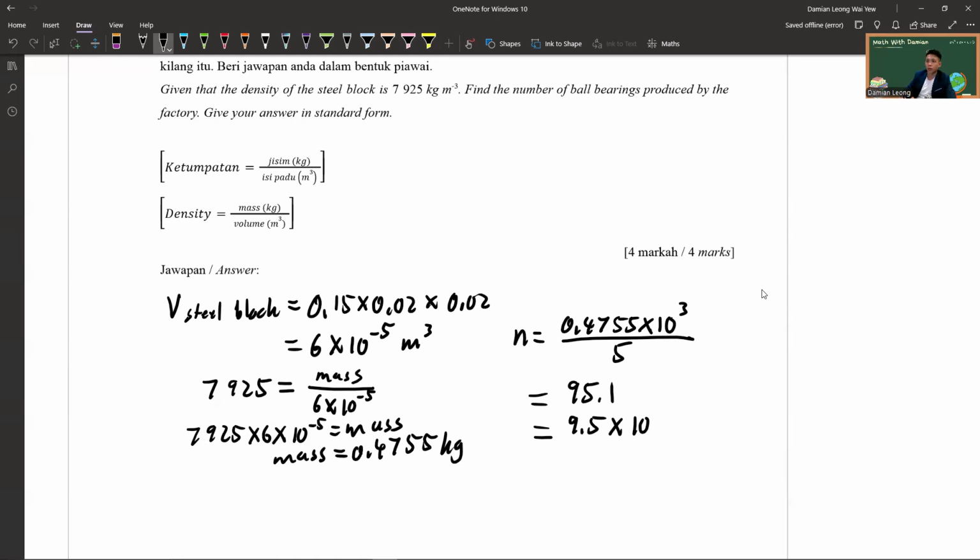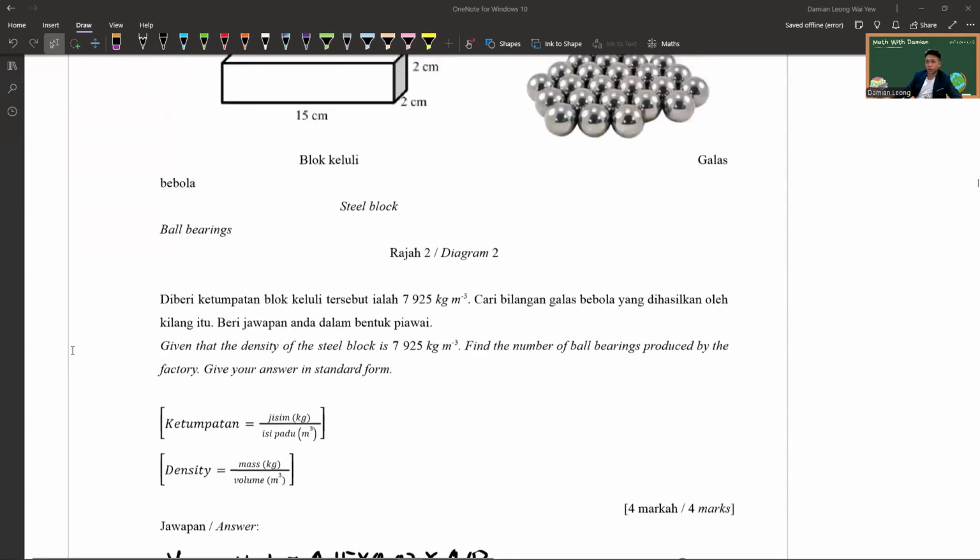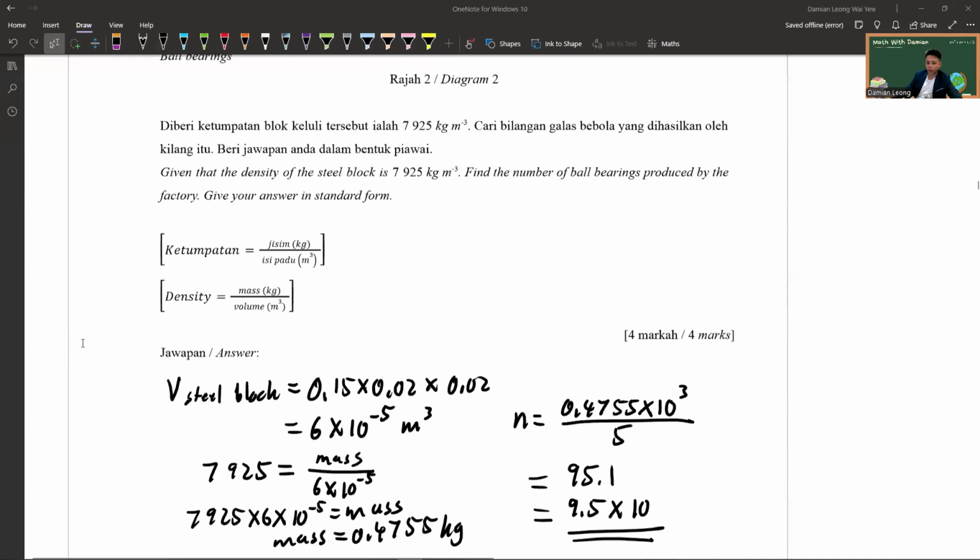Yeah. We can't have 0.1 of a steel ball. So we take 9.5 times 10, 10 power 1. Because they say standard form. So we put the answer in standard form. Okay. Yeah. That is question 5.